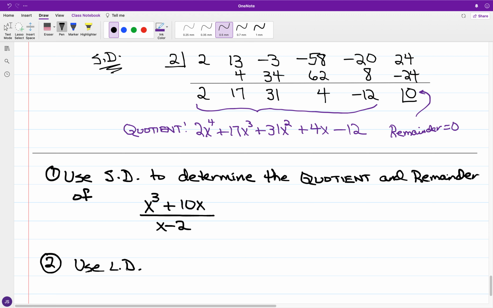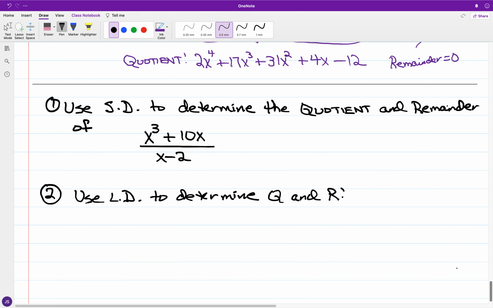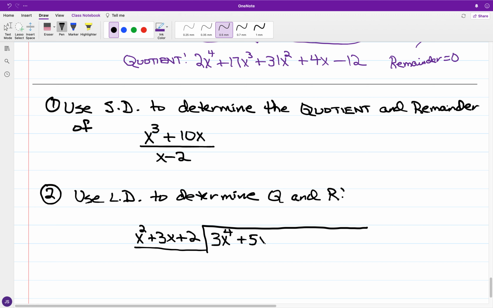And for the next item, we'll use long division to determine the quotient and remainder, with the divisor x squared plus 3x plus 2, taking into 3x to the fourth plus 5x cubed plus 6x squared plus x minus 5.